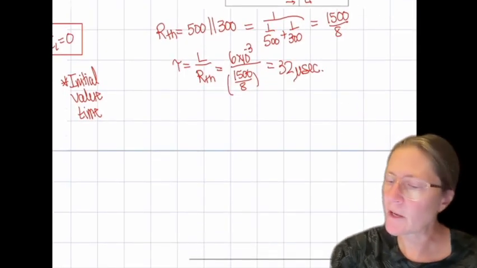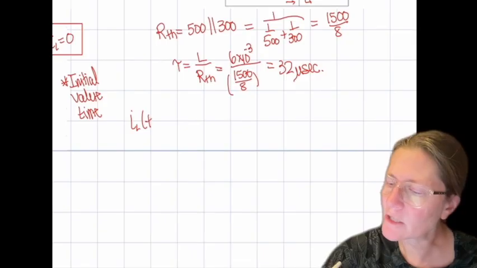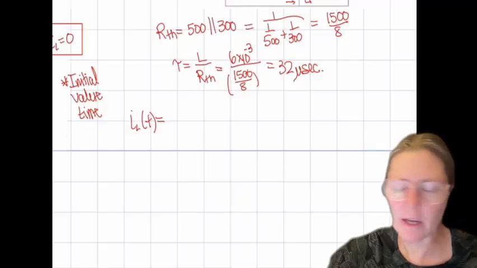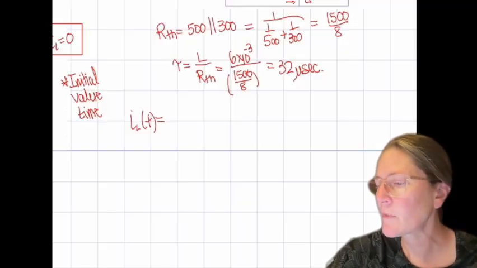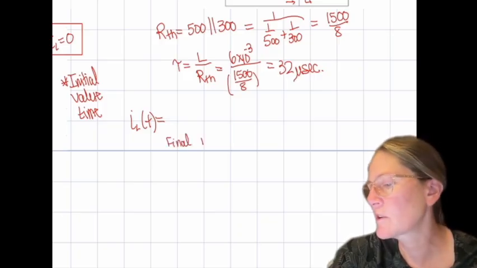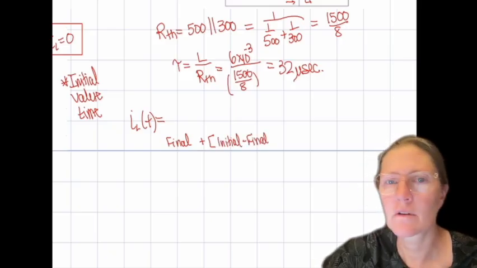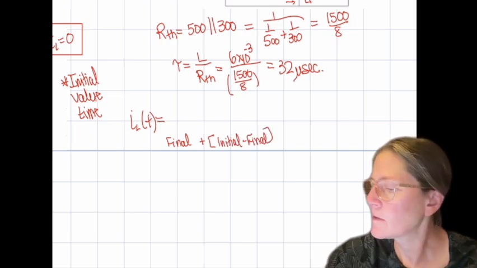So now my final form for IL of t is again final plus initial minus final, e to the minus t over tau.